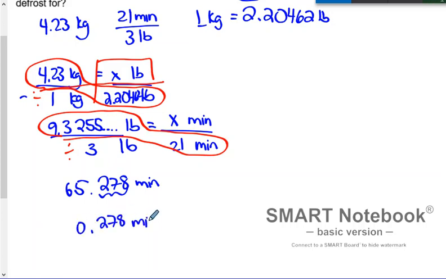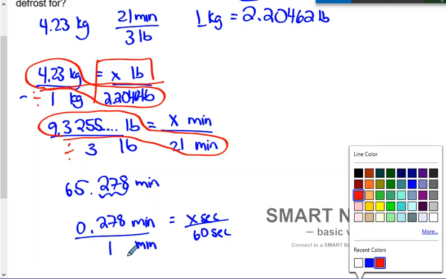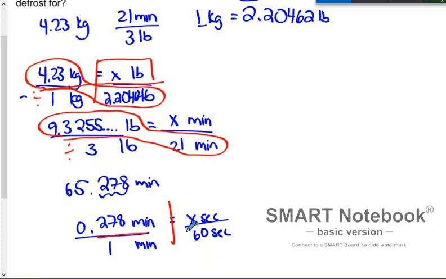So I have 0.278 minutes, and I want to know how many seconds that is. So minutes, seconds, and for this, you need to know that in 1 minute there is 60 seconds. Right. So looking for this one, multiplying these two, divided by that. So 0.278 times 60.